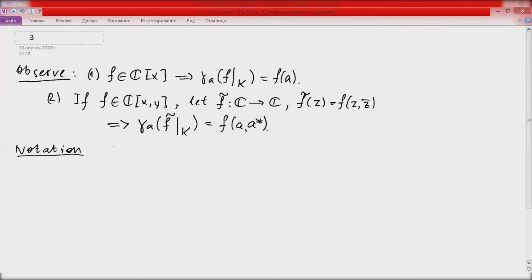For each continuous function f on the spectrum of A, we denote gamma of f simply by f of A. This is a very convenient notation because it is compatible with the standard notation in the case where f is a polynomial.